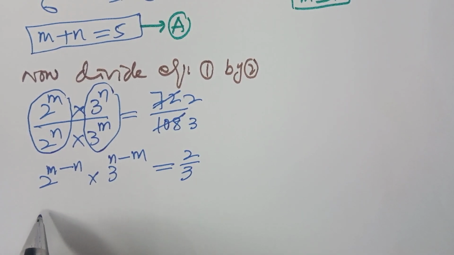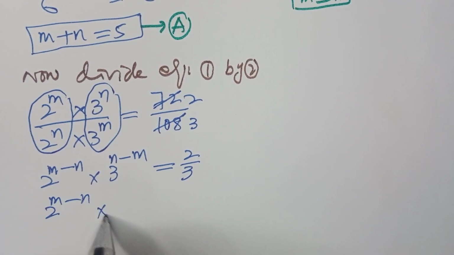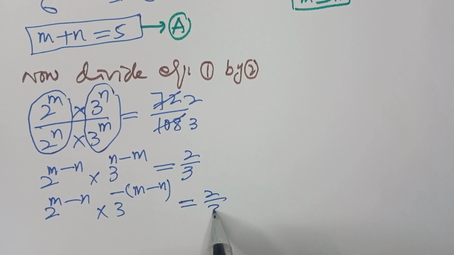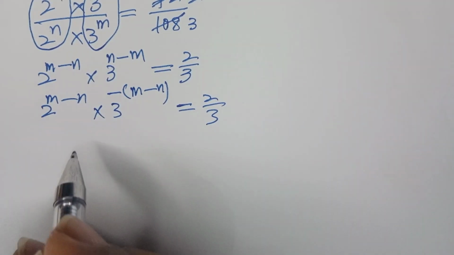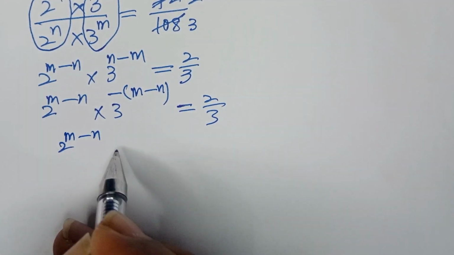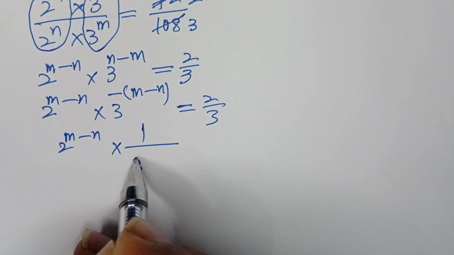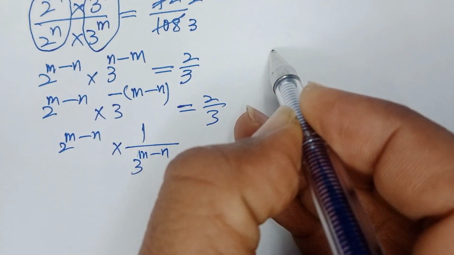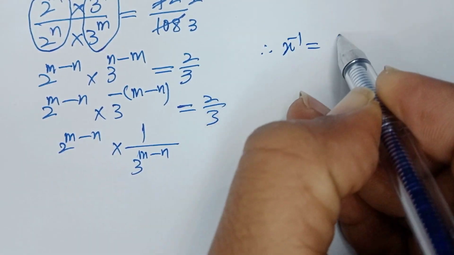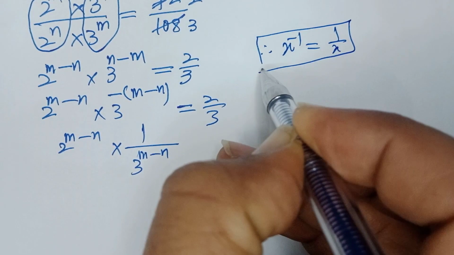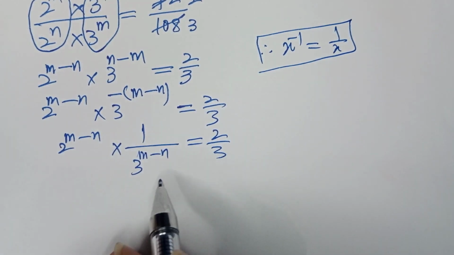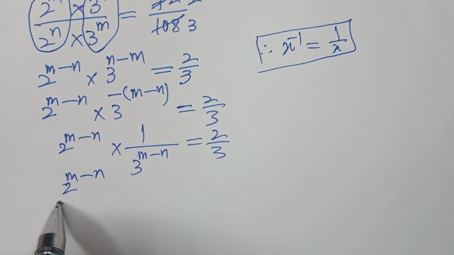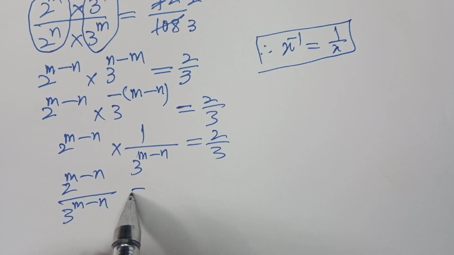Now coming to the next step, 2 power m minus n into 3, taking the negative common, power m minus n is equal to 2 upon 3. So here will be 2 power m minus n into 1 upon 3 power m minus n, because the power is negative, on the basis of the formula x inverse 1 is equal to 1 upon x, is equal to 2 upon 3. It will be arranged as 2 power m minus n over 3 power m minus n is equal to 2 upon 3.